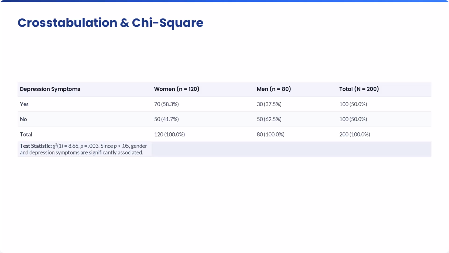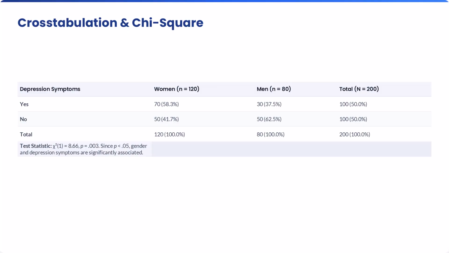Here is a standard cross-tabulation comparing gender and depression categories. Here's a tip. Always examine column percentages before reading test statistics. Percentages reveal direction. 58.3% of women report depression symptoms compared to 37.5% of men. To verify if this 20.8% gap is statistically significant, we check the chi-square results.